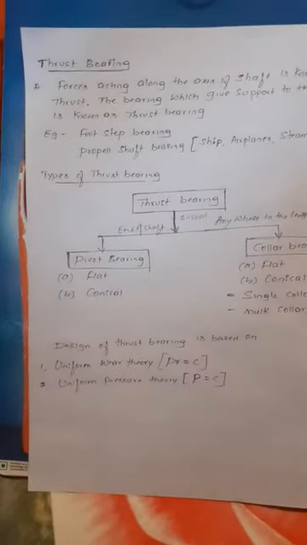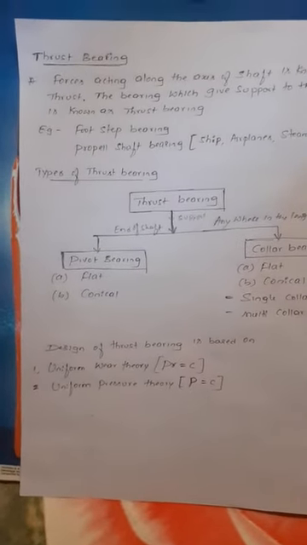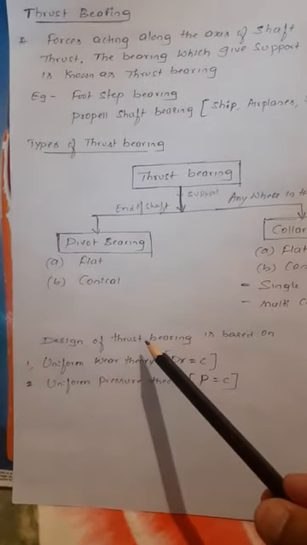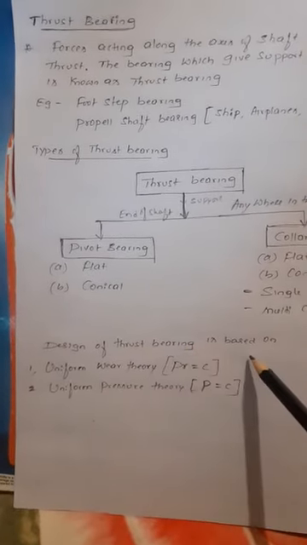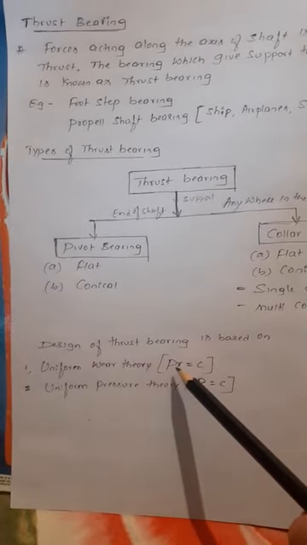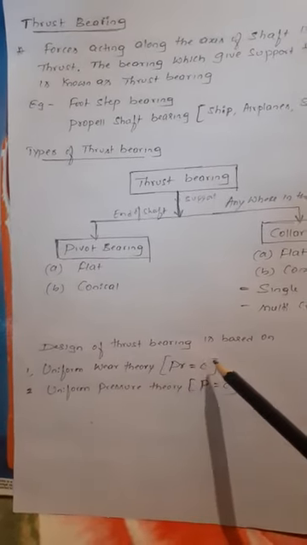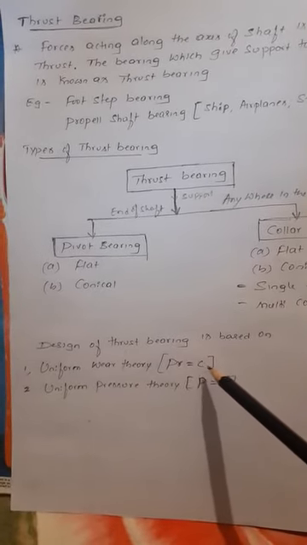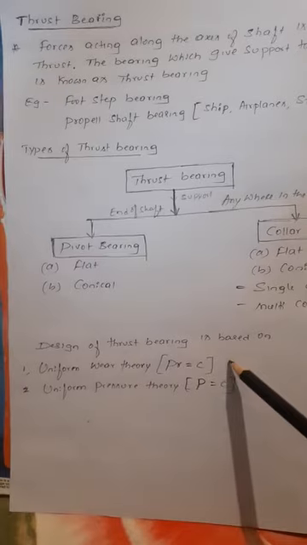Then we go for design. I want to go for design of thrust bearing. How do we consider it here? The design of thrust bearing is based on, one, uniform wear theory. As you know, you conducted the wear test in the third semester metal testing lab. In the wear test, the amount of metal removed is constant.